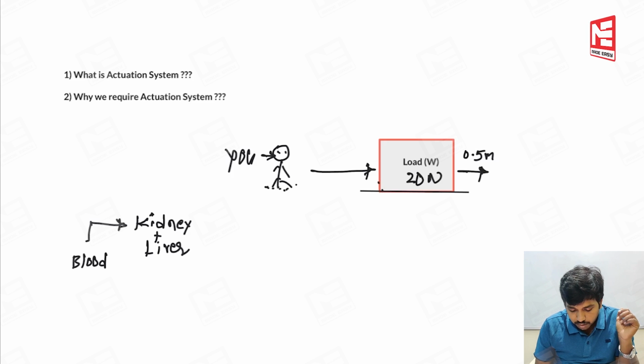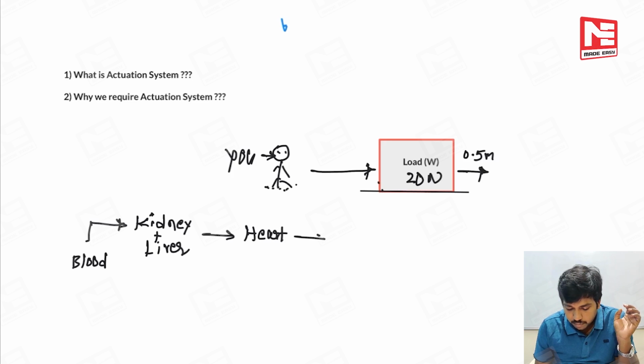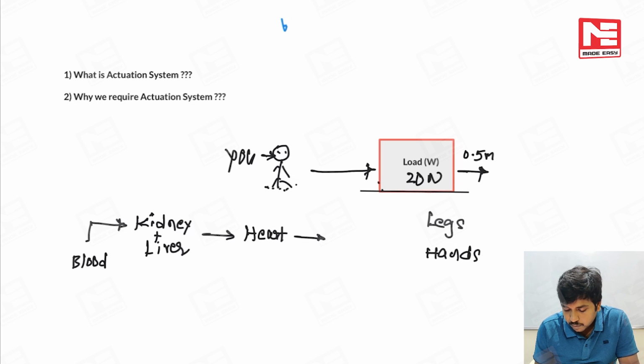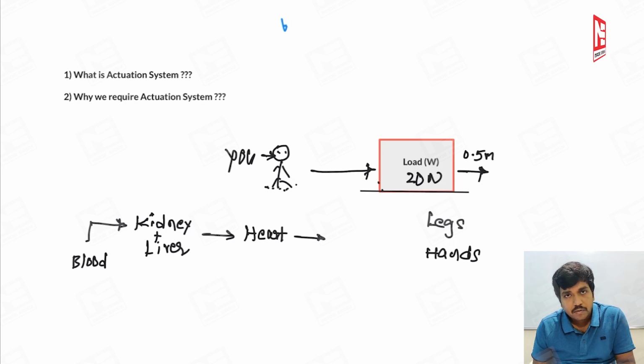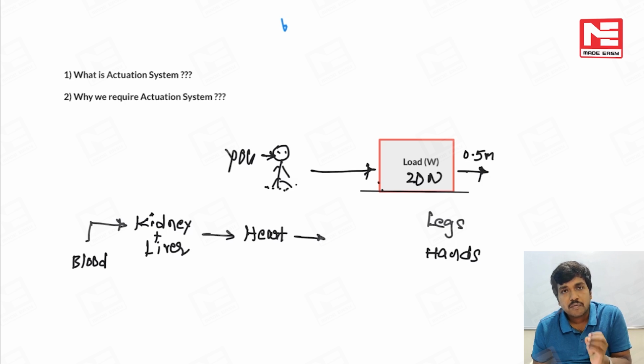Once it is purified, the blood will go to the heart. Now the heart is going to pump the blood, right? Then this blood is transferred to different organs, which you can consider as legs and hands. So blood is purified by some of the organs, and after that the blood reaches the heart, because the heart is the one that pumps the blood to all the organs.